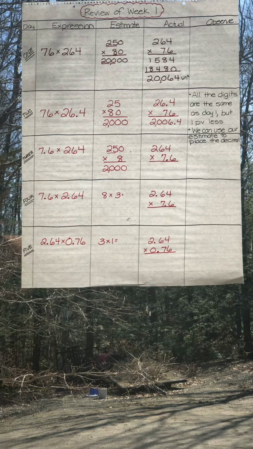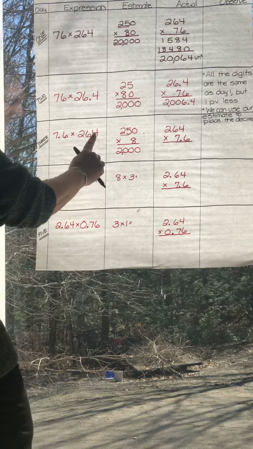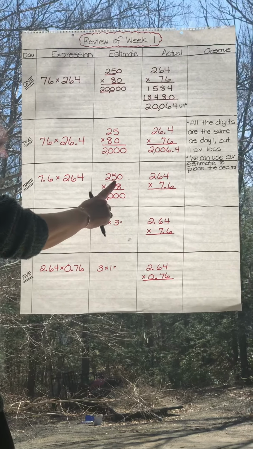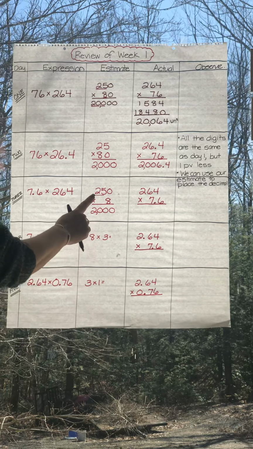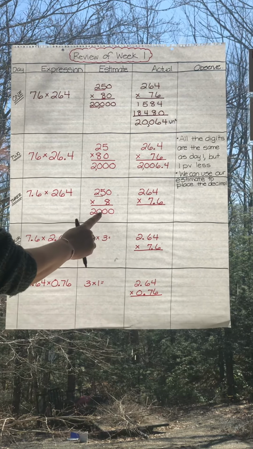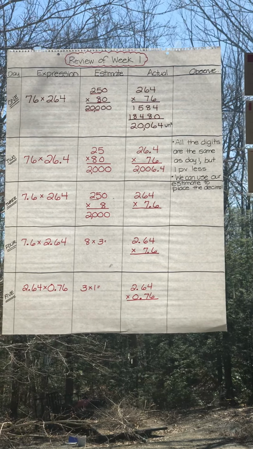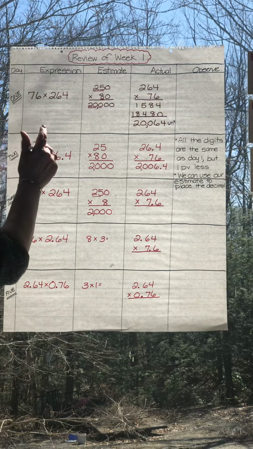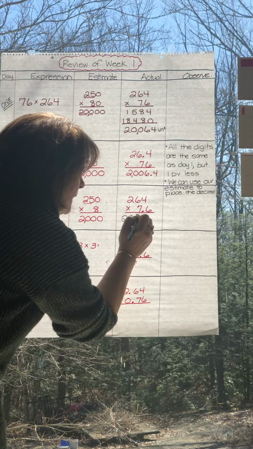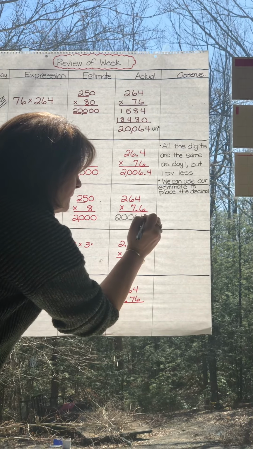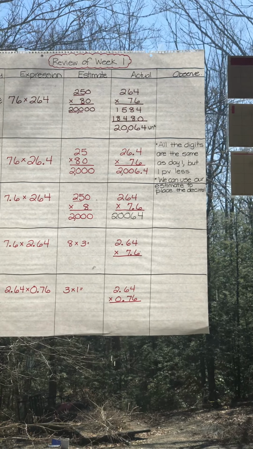Again, we used 250 for our estimate times 8, and we got our answer of 2,000 because 25 times 8 equals 200, and we have to include the extra place value. If we know that all the digits are going to be the same, we can just write them out and then decide where our decimal point is going to be.